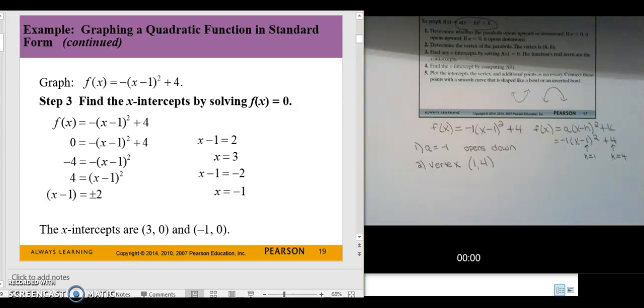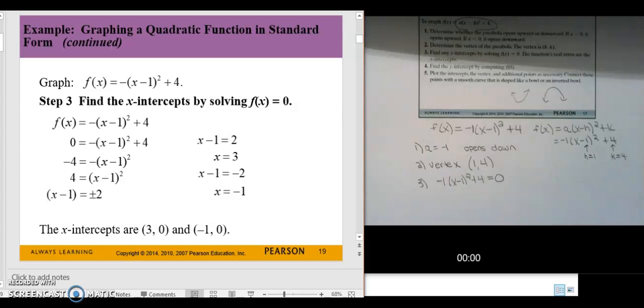Okay, now we're going to find the x-intercepts. The way we find the x-intercepts is we set the function equal to 0. This is the same thing you do with lines. You set y equals 0. It's the same idea. Okay, so step 3, I set f of x equals 0, so I'm just going to set this equal to 0. And then I want to go ahead and solve it. So I'm going to first subtract 4 from both sides.